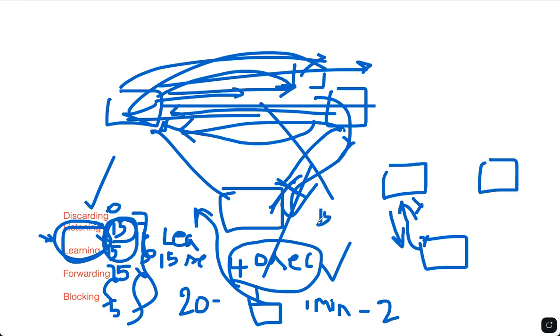So 15 plus 5 seconds. Instead of 40 seconds, they reduced it to almost 20 seconds. That way, rapid spanning tree makes convergence faster by communicating faster between the switches, collapsing the amount of time it takes to put the port in the forwarding or blocking state. That is the help of rapid spanning tree.